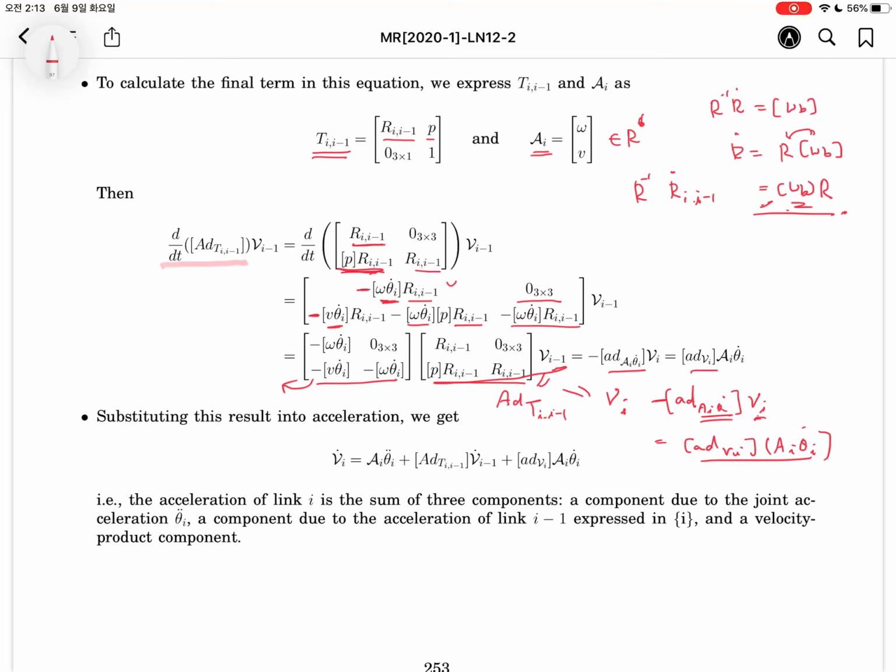So this term is used to express the acceleration, and this part is added here.